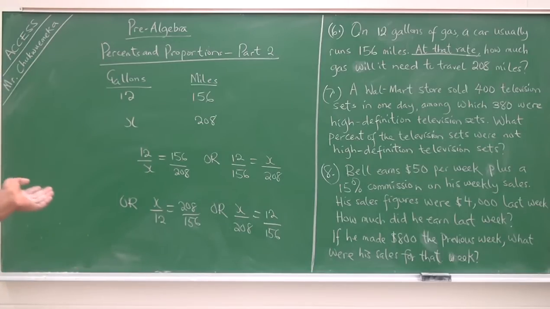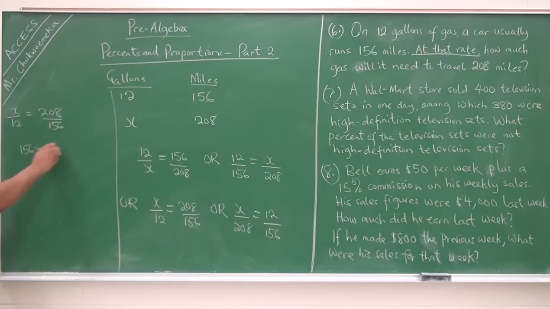We choose whichever one. So let's use number 3. X over 12 equal to 208 over 156. So when we do cross product, we find that 156 times x, that is 156x, will give us 12 times 208. So x will be 12 times 208 divided by 156.